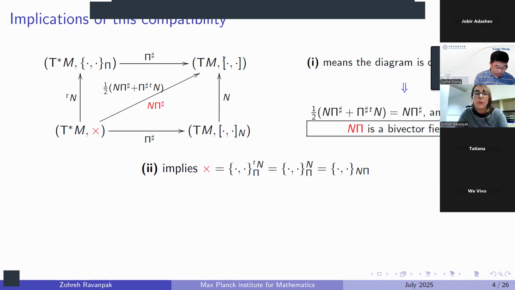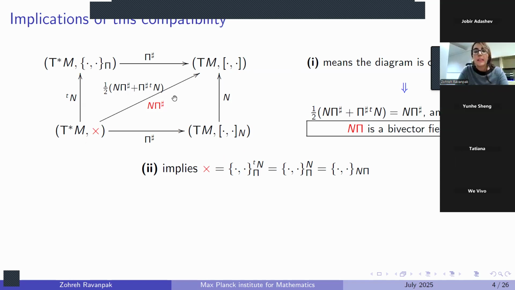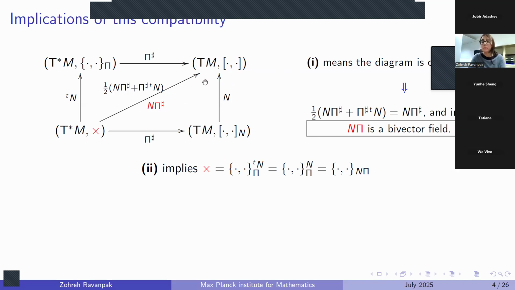Second, we can first deform the Lie bracket and then dualize it, so dualization of deformation. We denote it by the bracket in the middle. That's the third one. Having a bivector, we can dualize a bracket, and then we get a new bracket here, which I denote by bracket sub N pi. So the second condition tells us that all these three are the same.